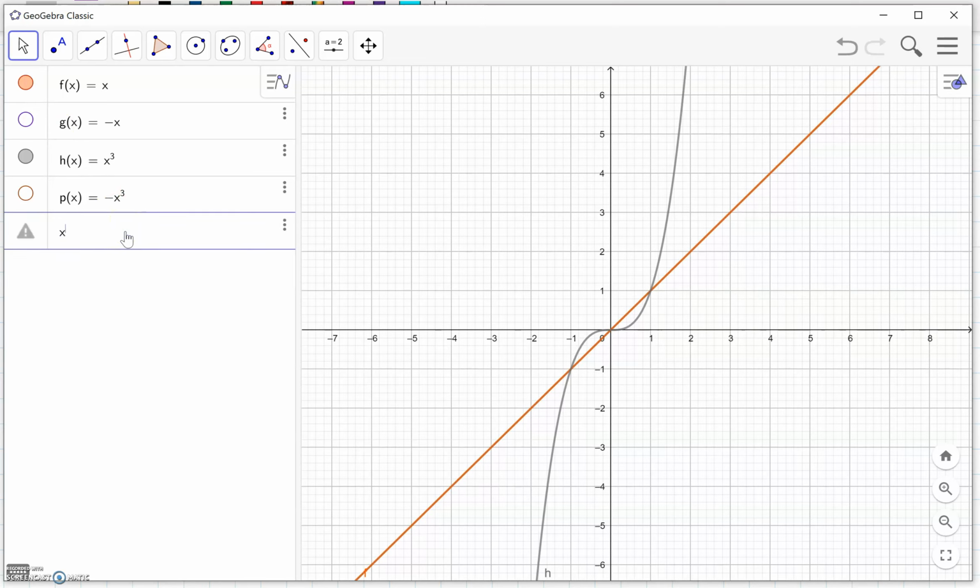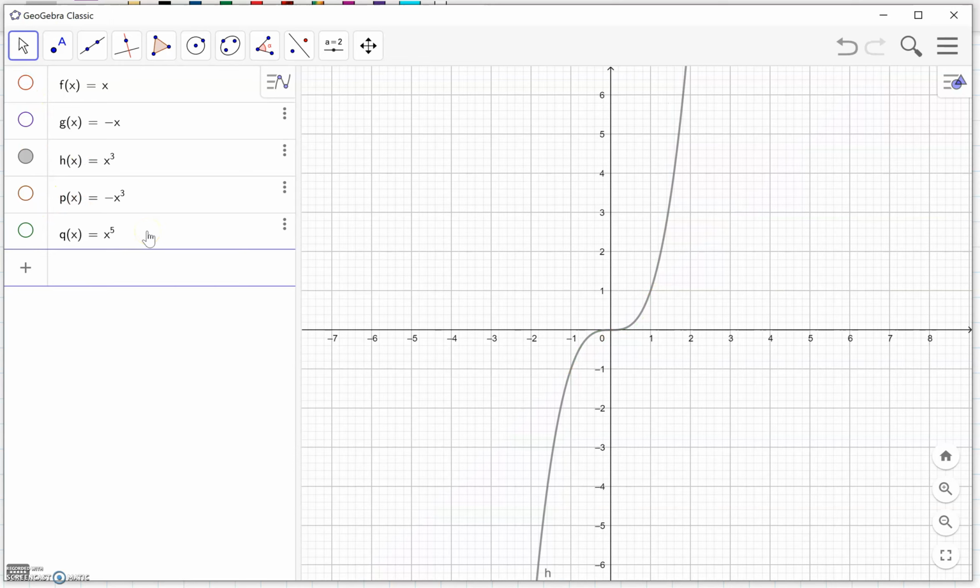Okay, if we go x to the power of 5, then you can see the same thing happening as what happened with the parabolas. Actually, if you look closely at these functions in general, you can see that it's very similar to a parabolic function, okay, except that on the left side, instead of the function reflecting up, it bends down.